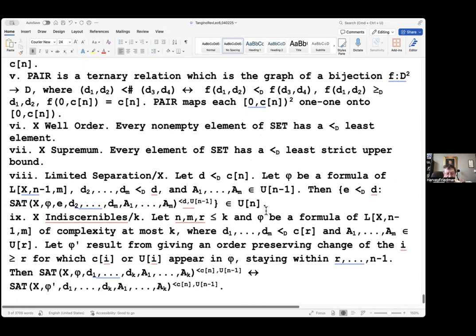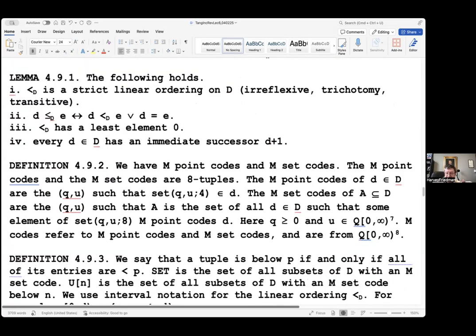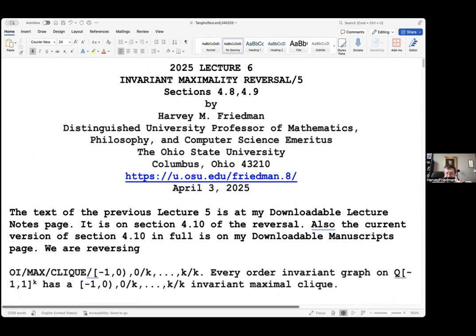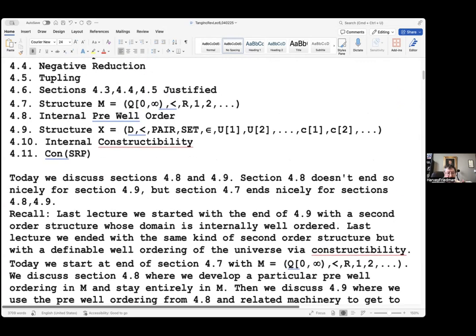Okay, so I hope you understand the big picture at least. I know this is highly technical and has been worked out in great detail and will be checked even further. But we are starting with a structure M with its indiscernibles and tupling and its separation, and we create this second order structure with a horrible ill-founded domain.